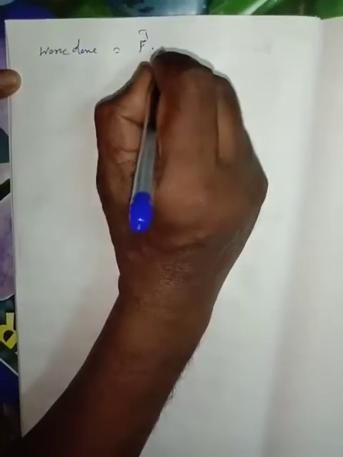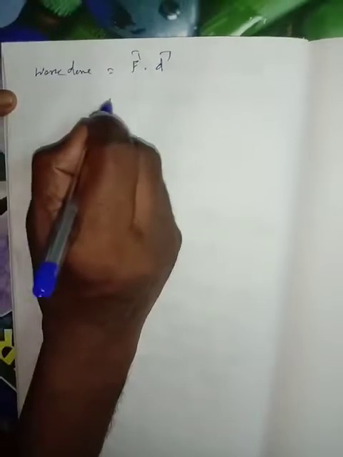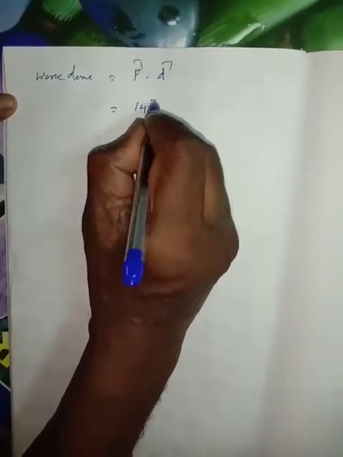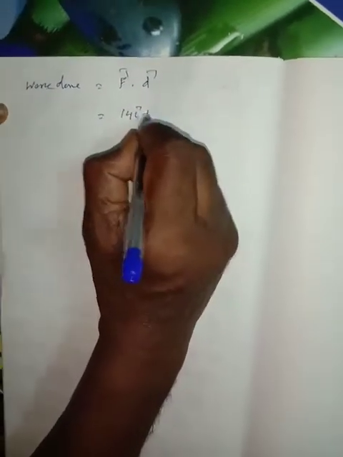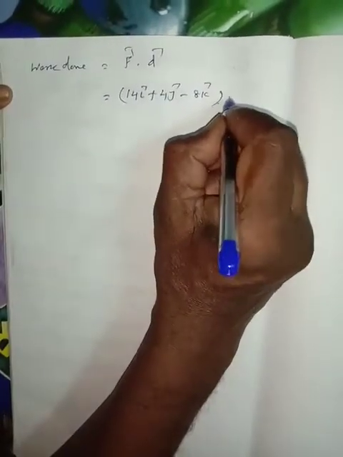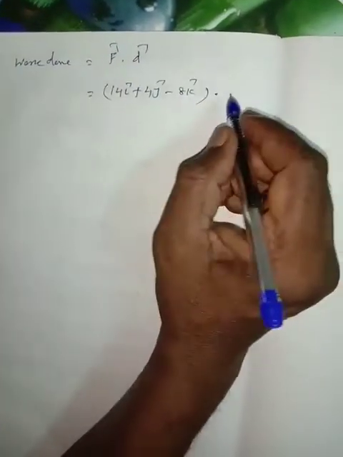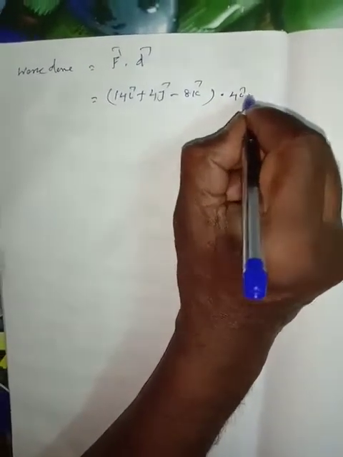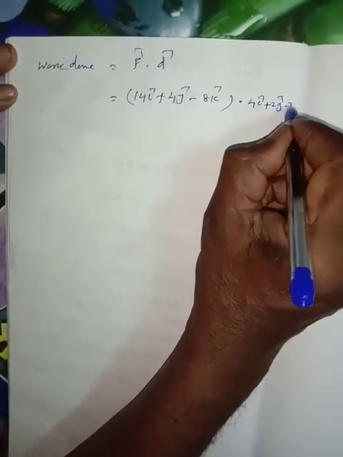Now work done is F vector dot D vector. F vector is 14i vector plus 4j vector minus 8k vector, dot product of 4i vector plus 2j vector minus 2k vector.